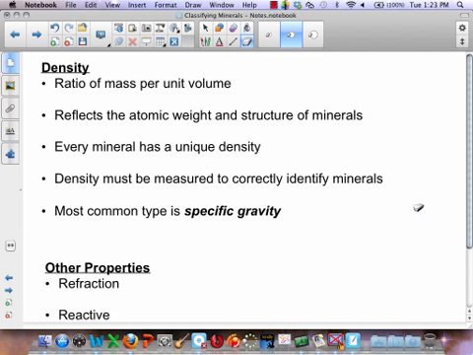And specific gravity is a way in which we measure the density, but we do it under super controlled conditions. It's where we measure the density at 4 degrees Celsius. Don't ask me why, but we do it at 4 degrees Celsius.